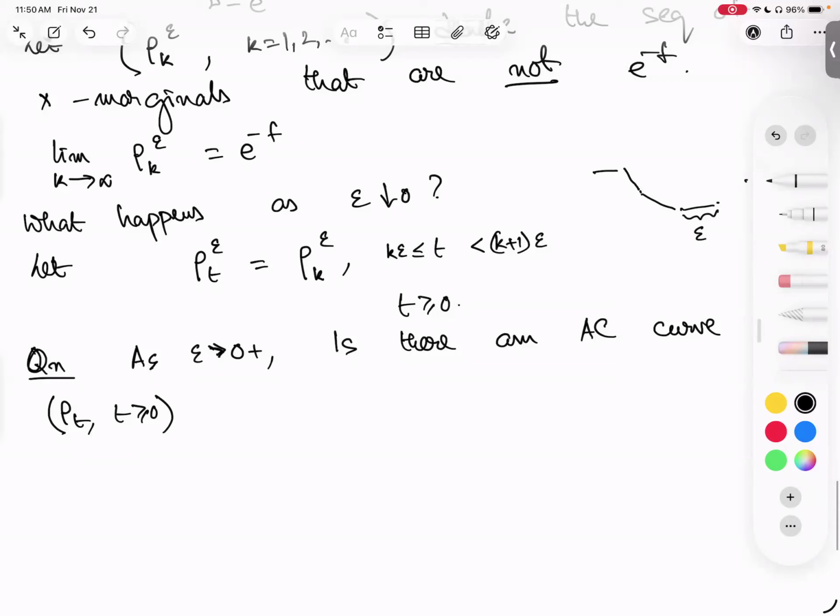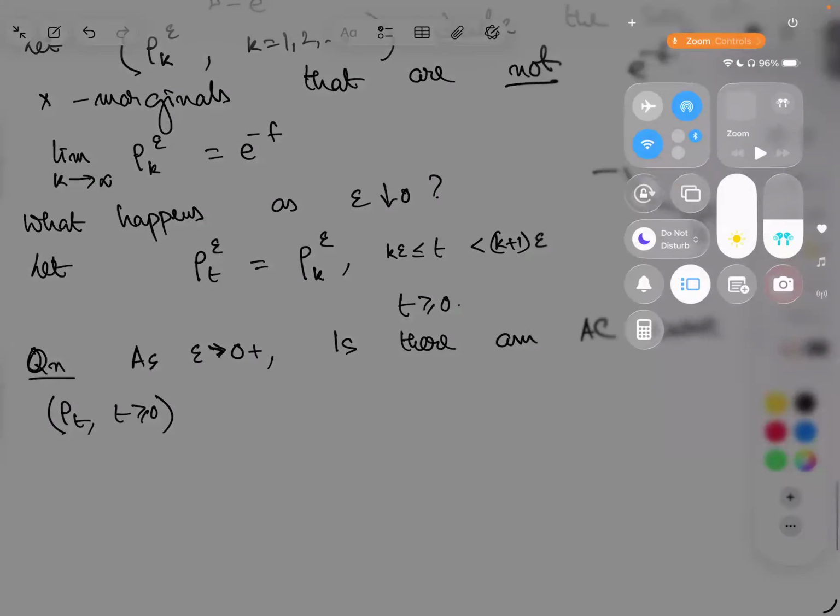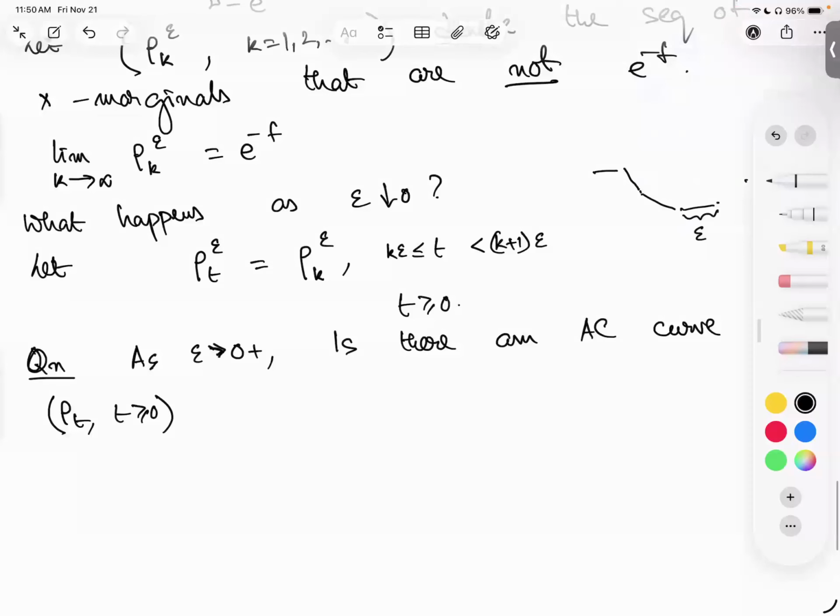So I'm asking, as epsilon goes down to 0, is there an absolutely continuous curve such that this curve with jumps will converge to this absolutely continuous curve as epsilon goes down to 0?